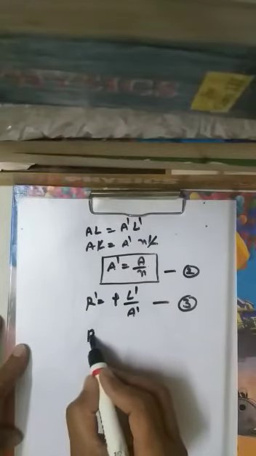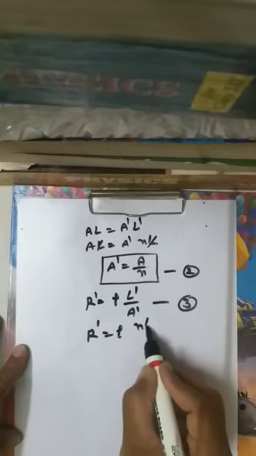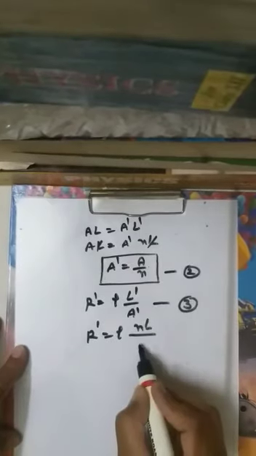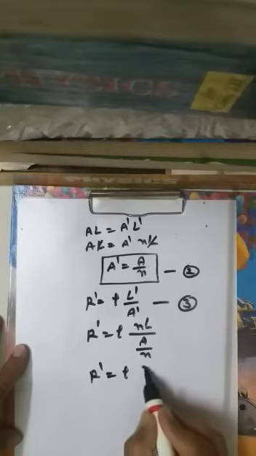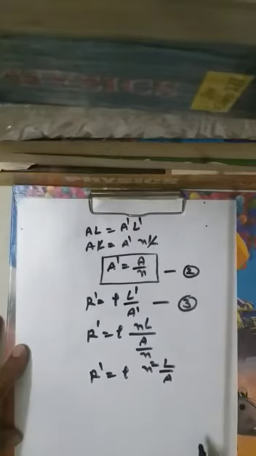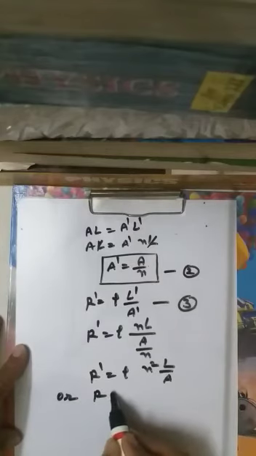By putting in the values, R dash is equal to rho, length n times, area 1 upon n times. R dash is equal to rho n square L upon A, or it can be written as R dash is equal to n square rho L upon A.